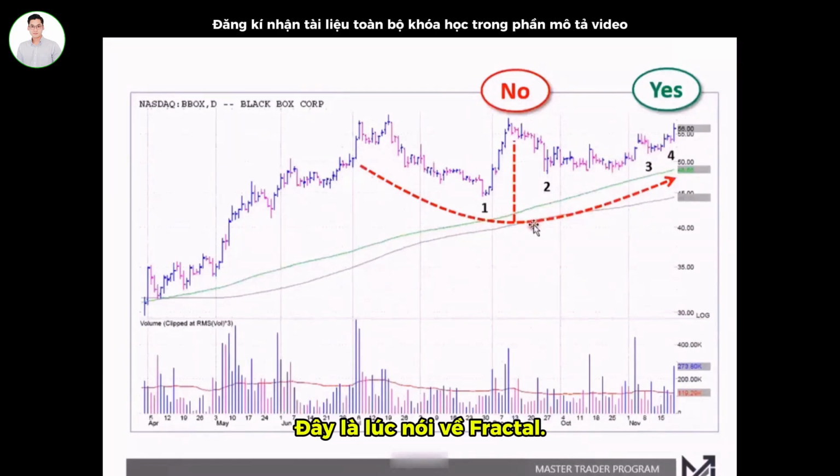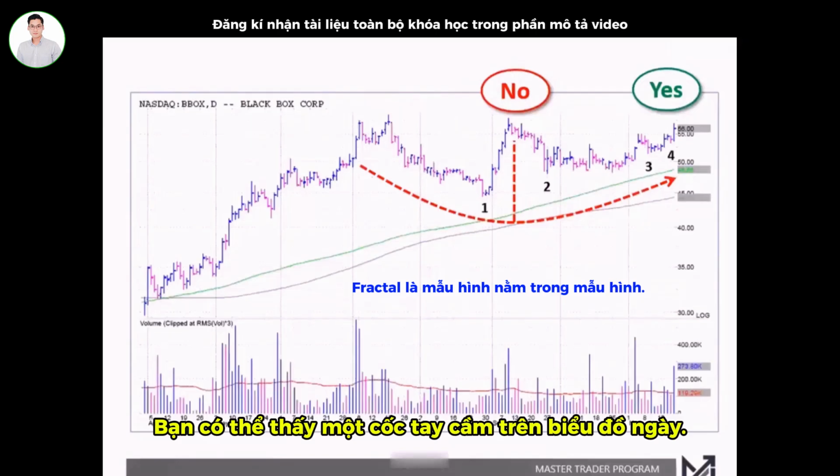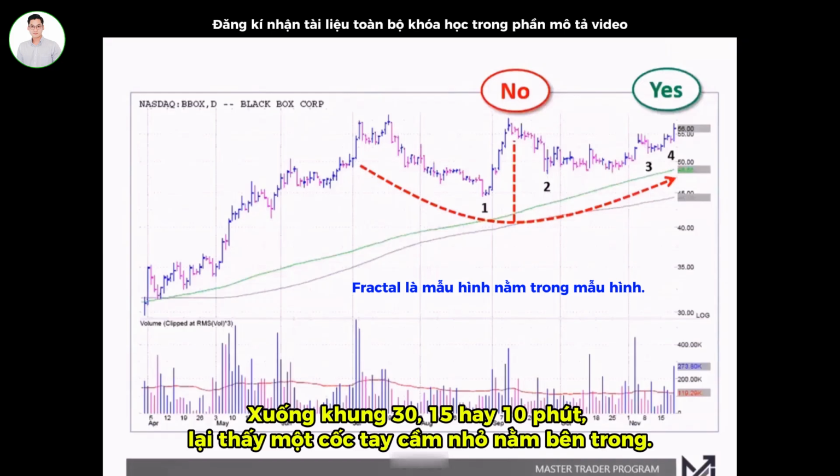And Dave, this might be a time also to talk about fractals, because these tightenings are sort of a lesson in fractals, right? Yeah, a fractal is a pattern within a pattern. You might see a cup and handle forming on the daily, and you can even take that down. You might see a cup and handle within the handle if you take it down to a 30-minute or a 15 or a 10-minute chart.